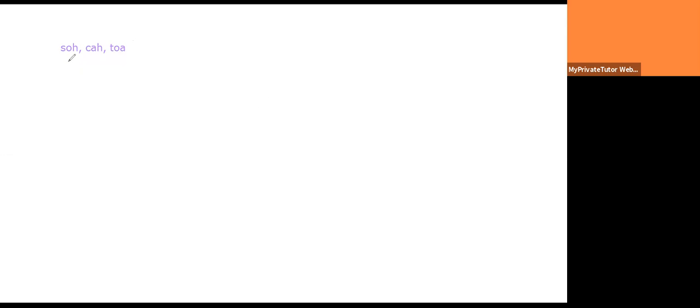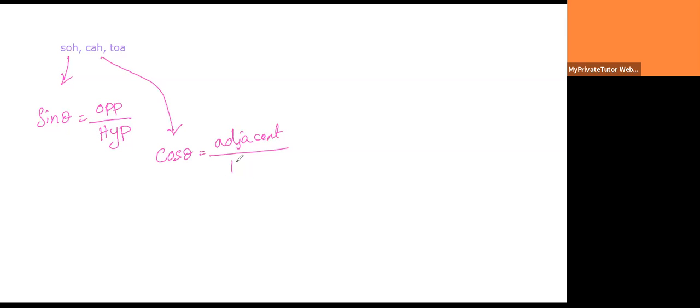So which means what? Sine theta equals O, the opposite side in the numerator, divided by H, the hypotenuse, in the denominator. Cos theta equals AH: A stands for adjacent and H for hypotenuse.